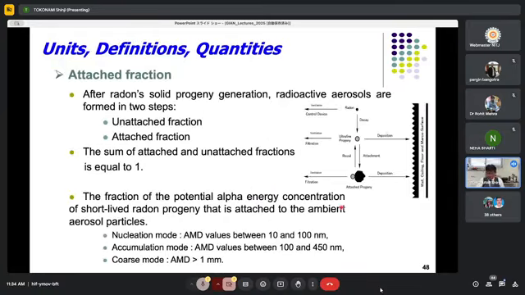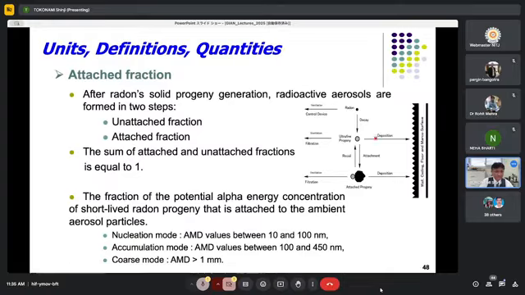Before working on the practice, I have to explain the attached fraction and unattached fraction. Attached fraction: after radon solid progeny generation, radioactive aerosols are formed in two steps, unattached fraction and attached fraction.